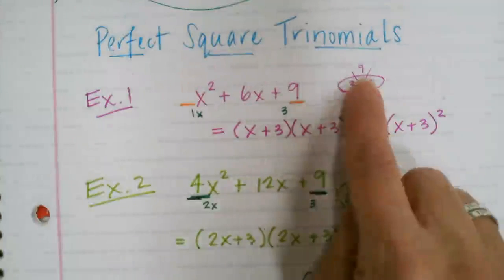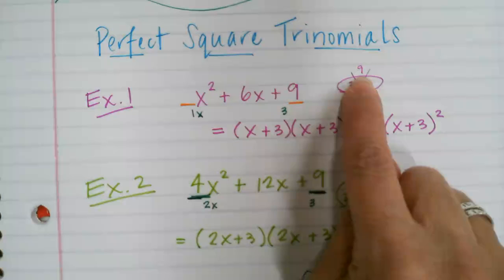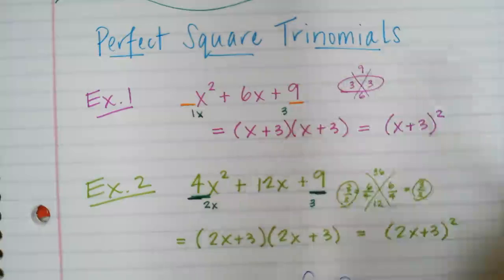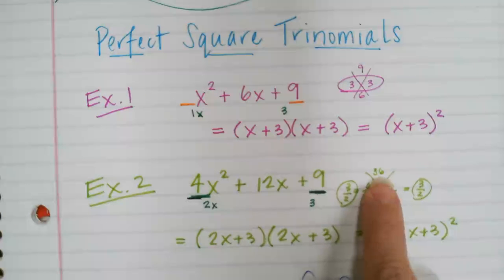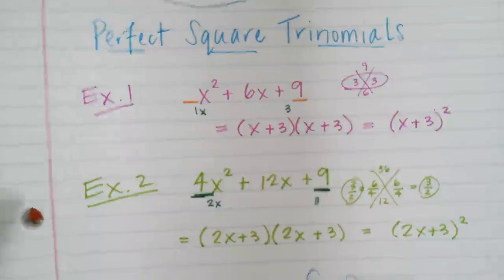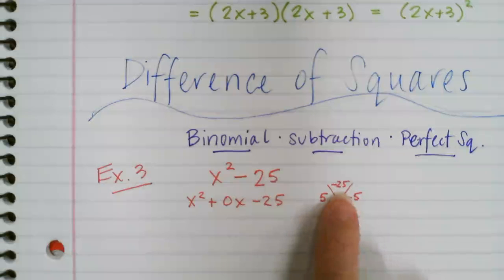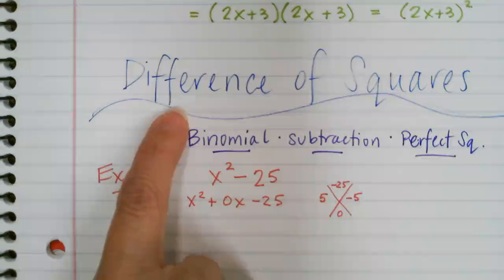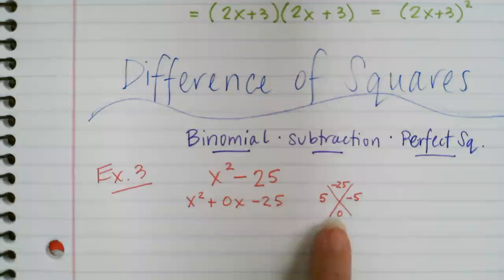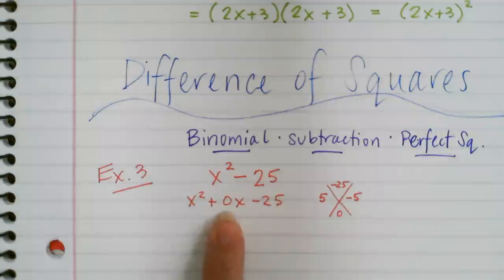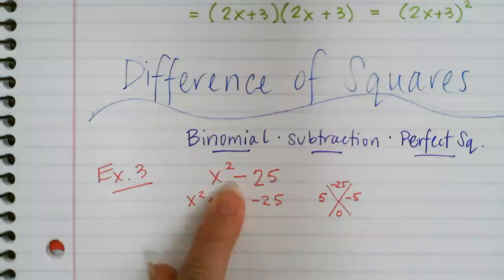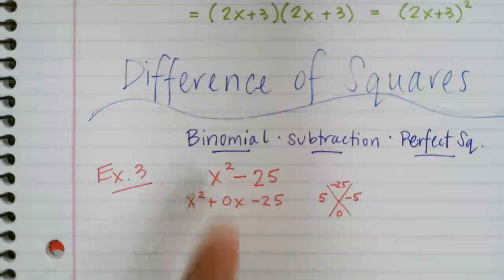So up here, we always have a positive 9, and then it breaks into those two. Or a positive 36, and it breaks into those two. But down here, we're going to have a negative on our perfect square, which is why it's subtracting, which is why it's called the difference, which is why it's only a binomial because they cancel each other out to 0, which causes that to essentially just disappear.